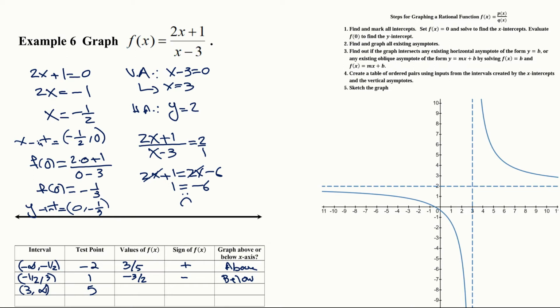All right, and for test point 5, when x is 5, we plug it in, so f of 5 is going to be 2 times 5 plus 1 over 5 minus 3. So it's going to be 11 over 2.